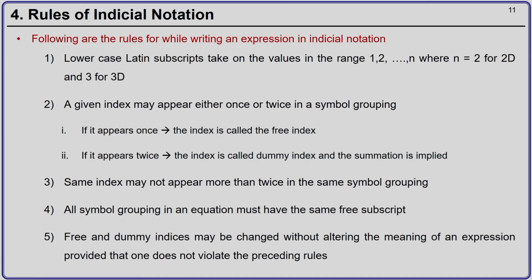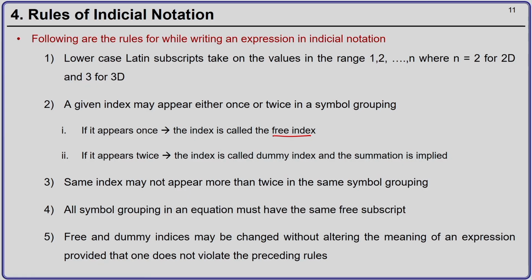Okay. A given index may appear either once or twice in a symbol grouping or a product term. Okay. So, every expression will have product terms which are also called symbol groupings. So, a given index can appear once or twice, not more than that. If it appears once, the index is called a free index.